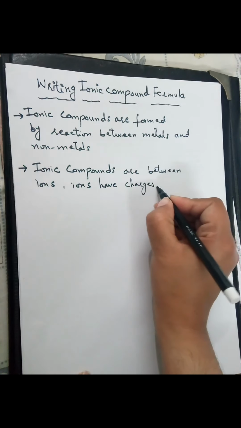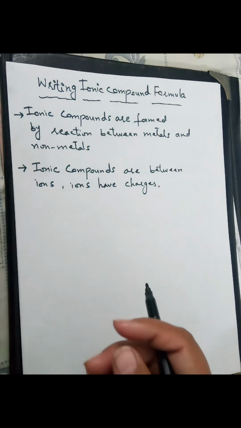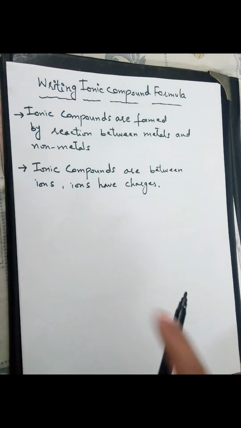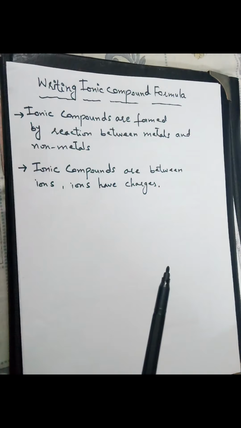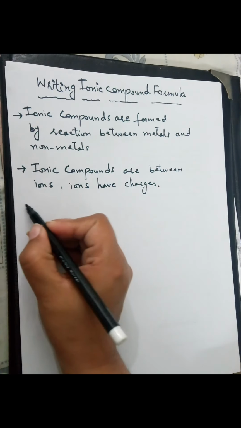Okay, so to make an ionic compound, we have to balance the opposite charges to get a neutral compound.